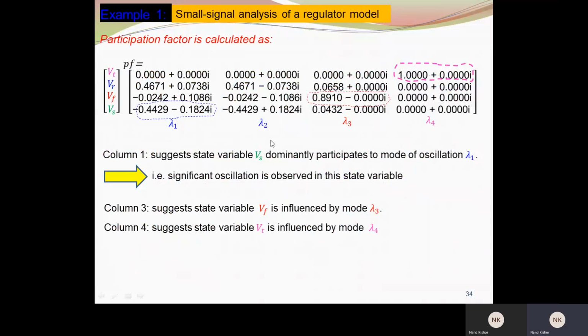And since we are interested in the oscillatory mode, we need to know which state variable will participate dominantly in the particular mode of oscillation. So we move to the next slide.